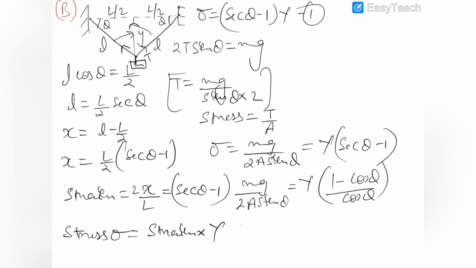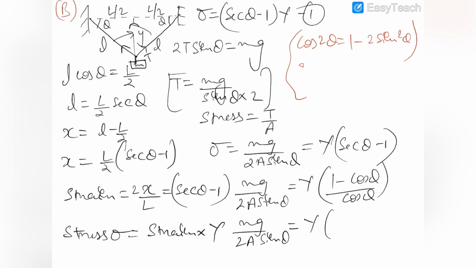And you can see that this is mg by 2a sin theta, and this is gamma into 2. You know the formula, I'm writing it down with another ink, that cos 2 theta is equal to 1 minus 2 sin square theta.